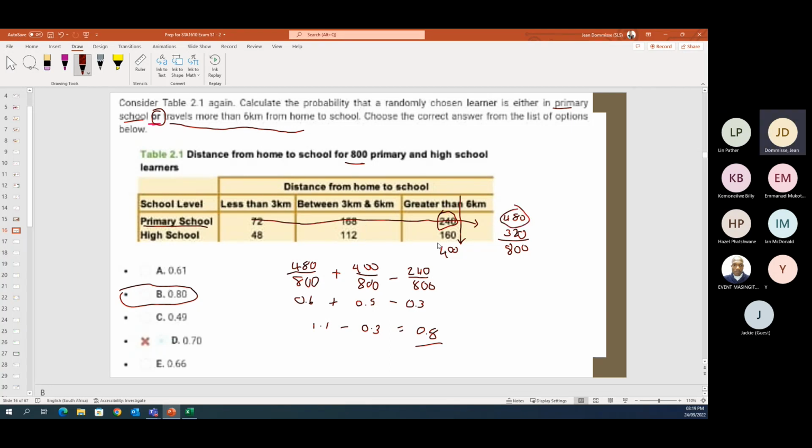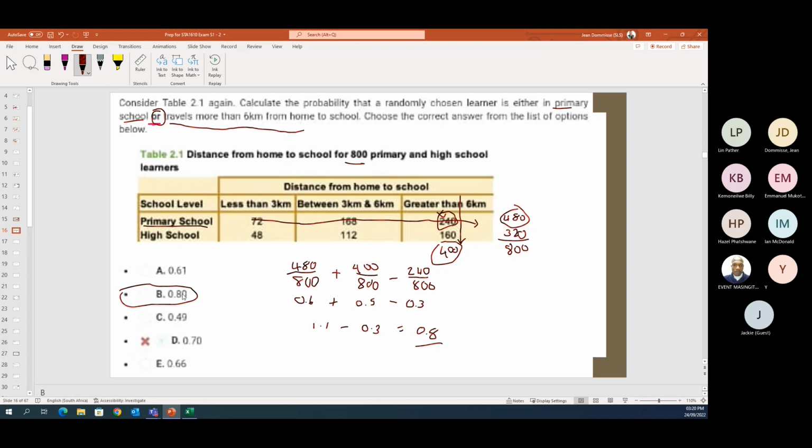Those were the two that I summed to get the 400. In both of them, there were 240. So I'm actually double counting the 240, so I must subtract the 240 from my probability equation. So remember that. And it's quite interesting that there wasn't an option of 1.1.